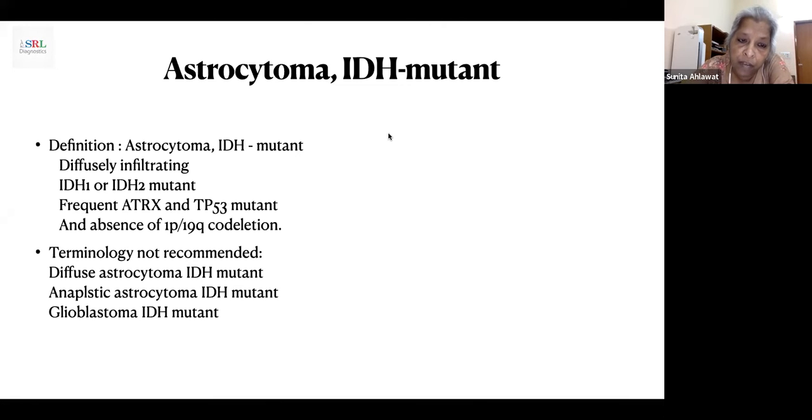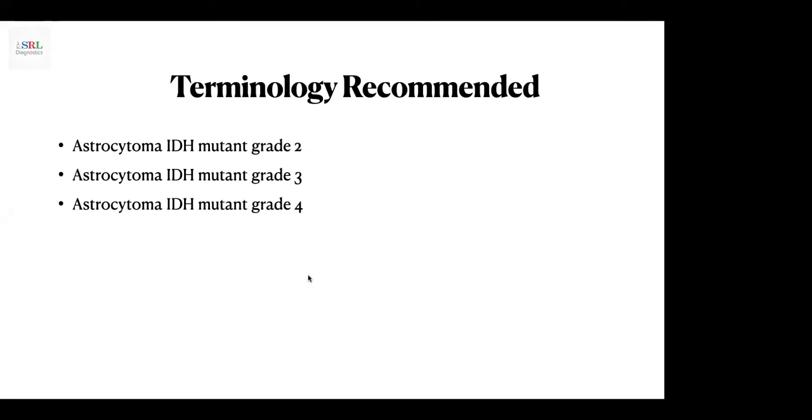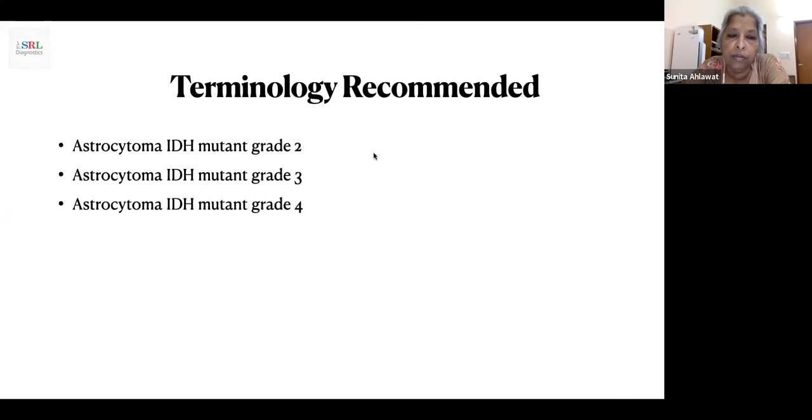Terminology which is not allowed by WHO is diffuse astrocytoma IDH mutant, anaplastic astrocytoma IDH mutant, and glioblastoma IDH mutant. This terminology has to be discarded. The terminology that is used is Astrocytoma, IDH mutant, grade 2, grade 3, and grade 4.